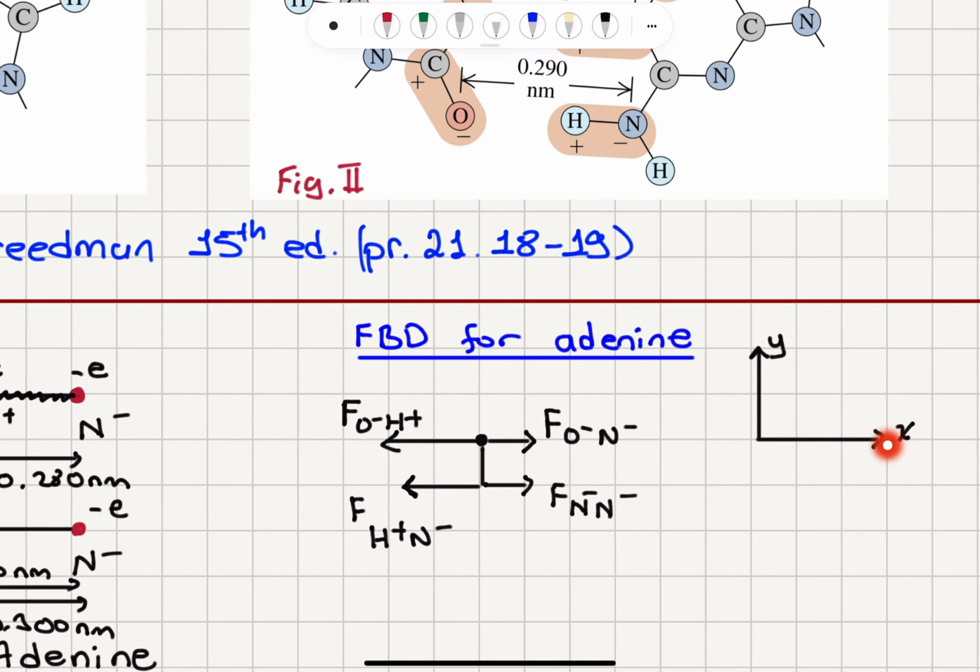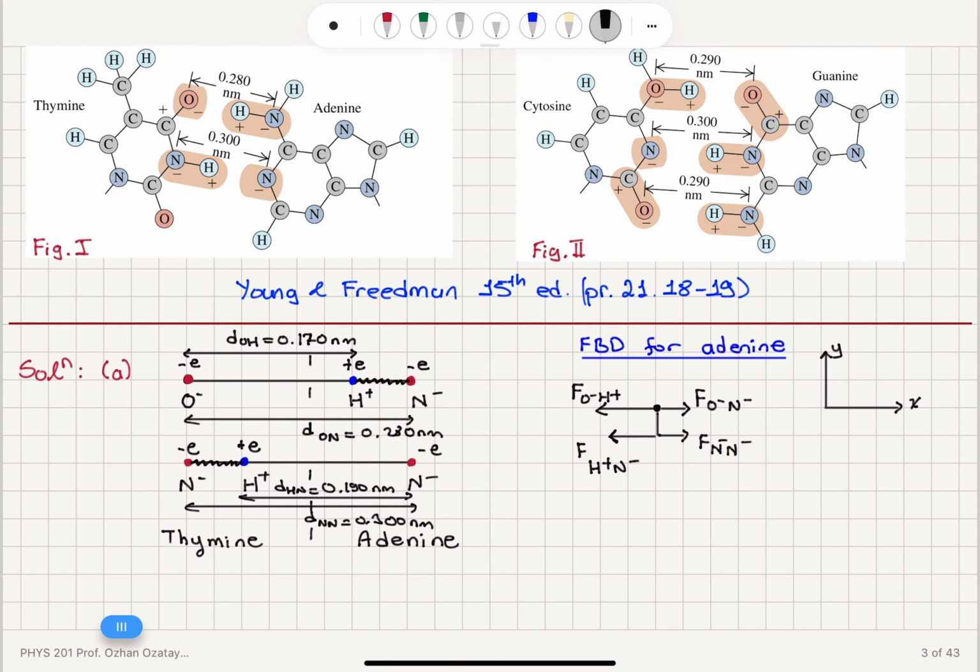And so this is my x-axis and this is my y-axis, and I'm going to write the net force acting on adenine. The sum of the forces acting on the adenine molecule is the force between O- and N-, plus the force between N- and N-, these are the repulsive parts in the i hat direction.